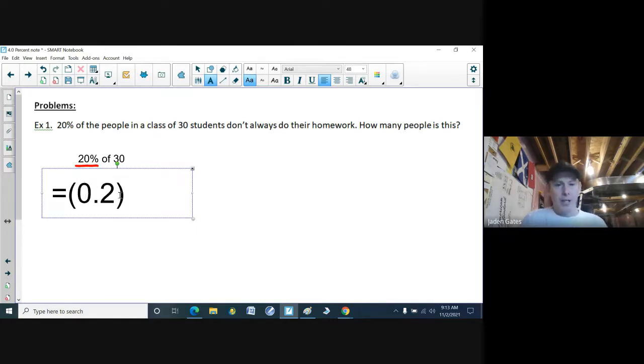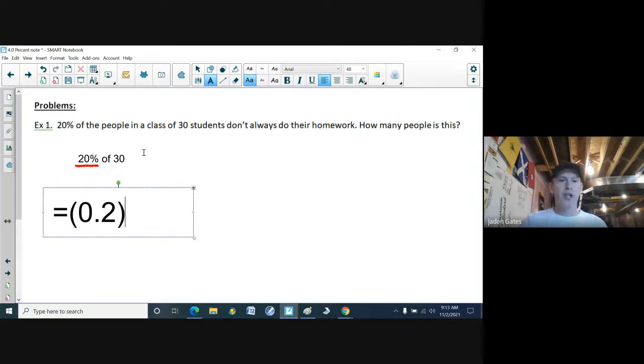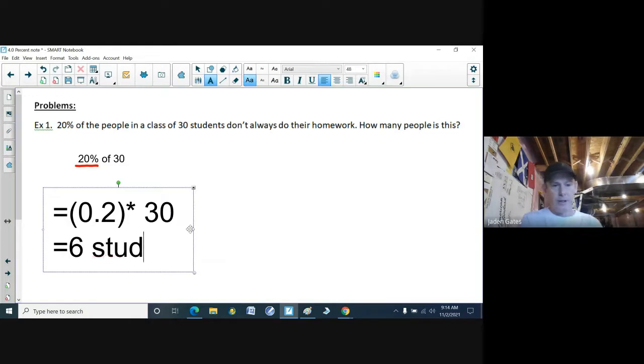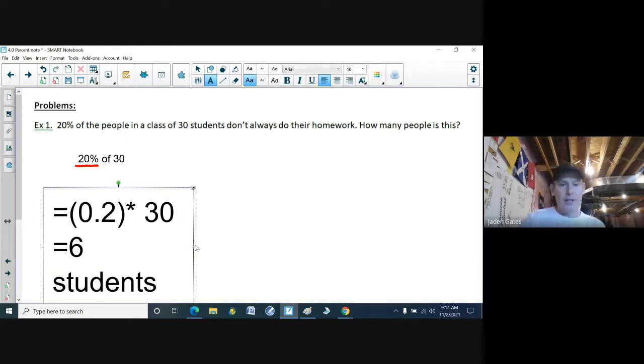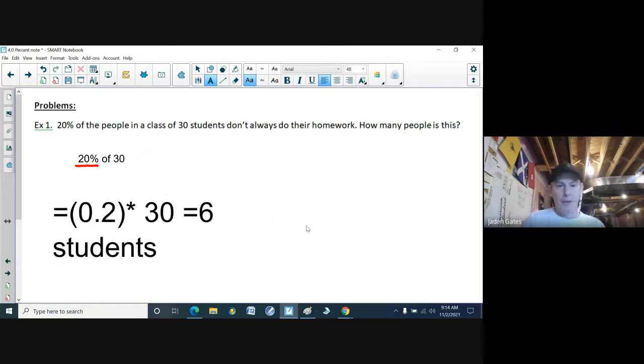Now, we've talked about division as always being per in English. Per, when we had our slope, we had kilometers per hour. Well, of is multiply in math. And 30 is 30 in math as well. So if I take my 0.2 and multiply it by 30, I end up with 6. 6 is 20% of 30.